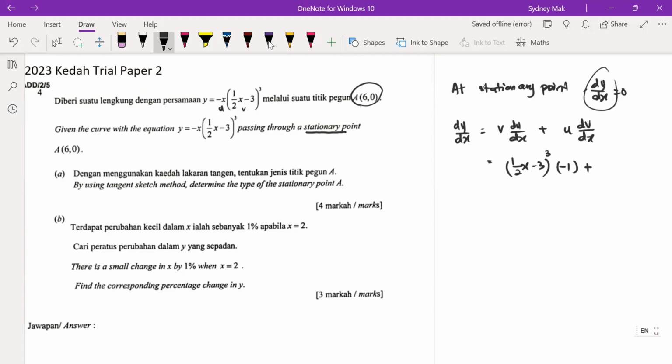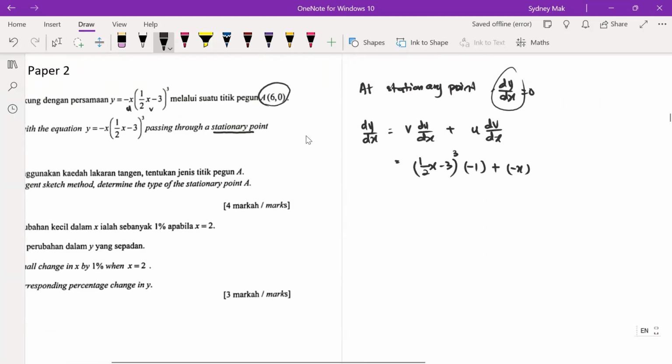Plus, stay u, negative x, and differentiate v: we bring down the power to the front, reduce the power by 1, and followed by differentiating the inside, we get 1/2.